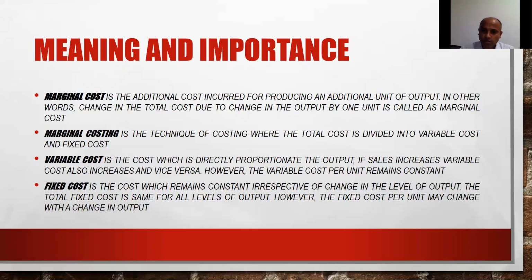There is no production, right? But my factory rent is 10,000. I have to pay 10,000, correct? In the second month, I have produced 1000 units. Still, I will be paying the rent of 10,000 only. In the third month, assume that my output is 10,000 units.